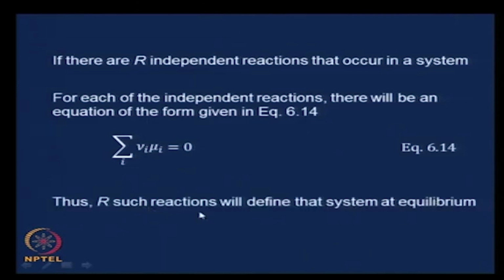Thus, R such reactions will define the system at equilibrium. Therefore, for a multi-reaction system also, the condition for equilibrium remains the same, but we will have R such equations that specify the equilibrium. We will stop here, and when we start the next class we will continue with other aspects of reaction equilibrium.